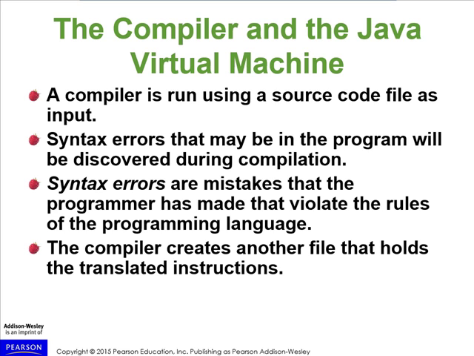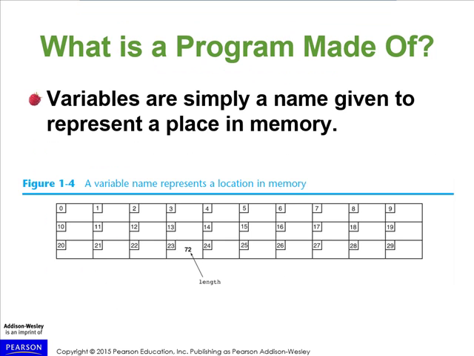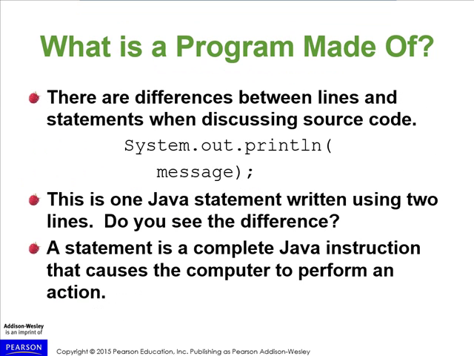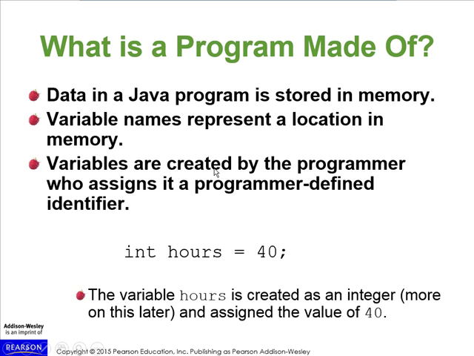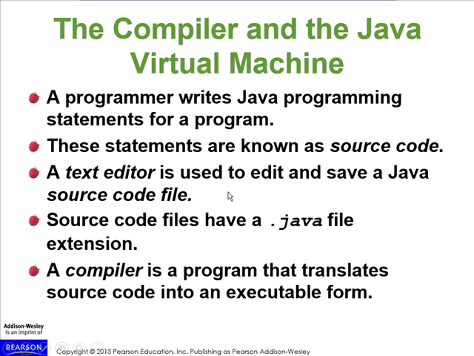But syntax errors are errors in the language. For example, you put System.out.println instead of printline, or the capitalization is wrong. That's a syntax error. Usually those are the easiest ones to find.